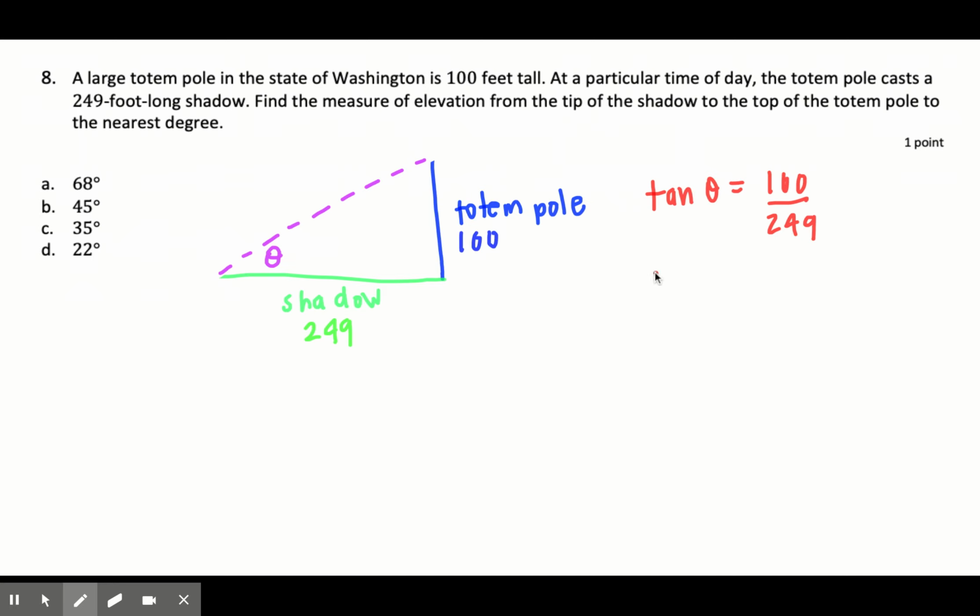So then you want to use inverse tangent. So you do that in your calculator, and you got 21.880. So round to the nearest degree is 22 degrees.